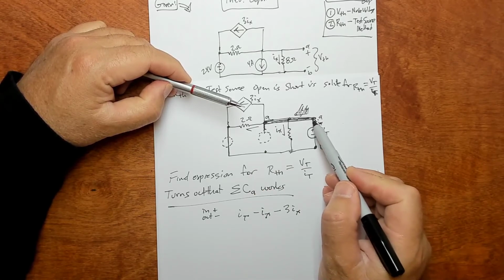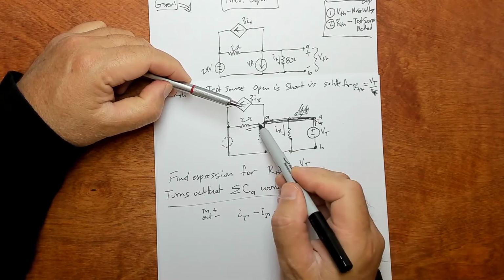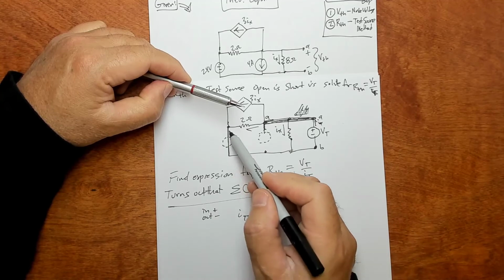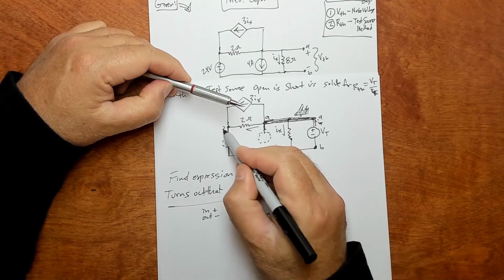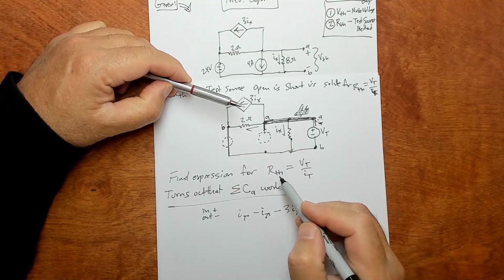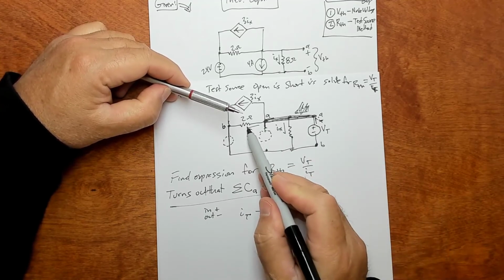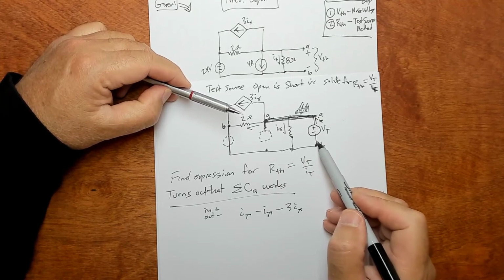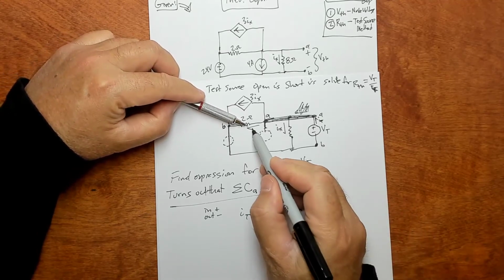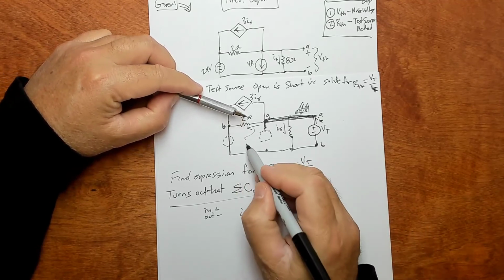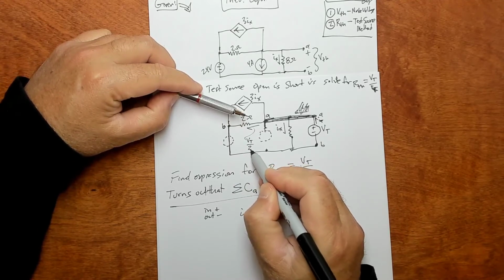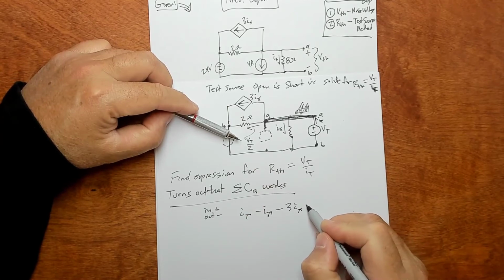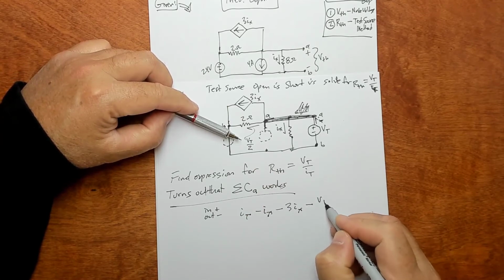This is just a big node right here, and then you've got this resistor, and then you're coming all the way back on node B. All along the bottom here is node B. You could even label this node B. So this 2 ohm resistor is really across AB. So this current, by Ohm's law, is going to be Vt over 2. That's coming out, so it's negative Vt over 2.